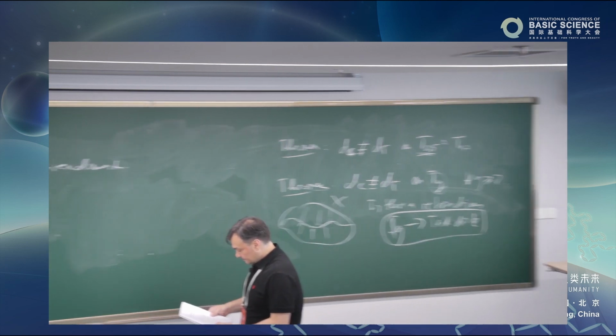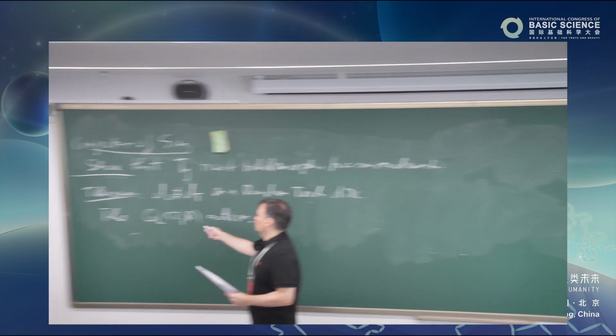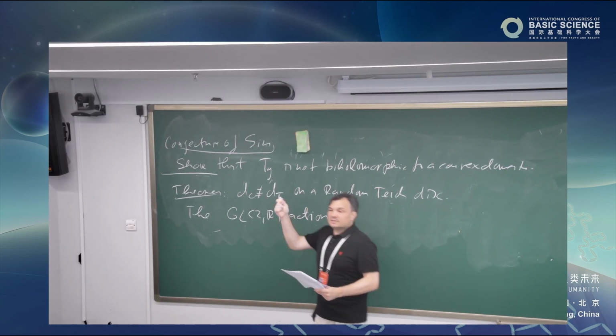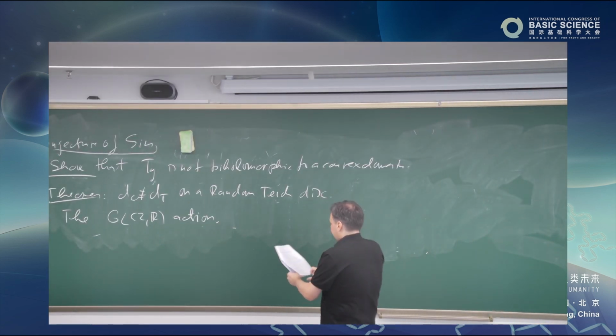I already told you, so for a random disk, the closure of the GL2R orbit is everything. So that's what proves this previous theorem here.